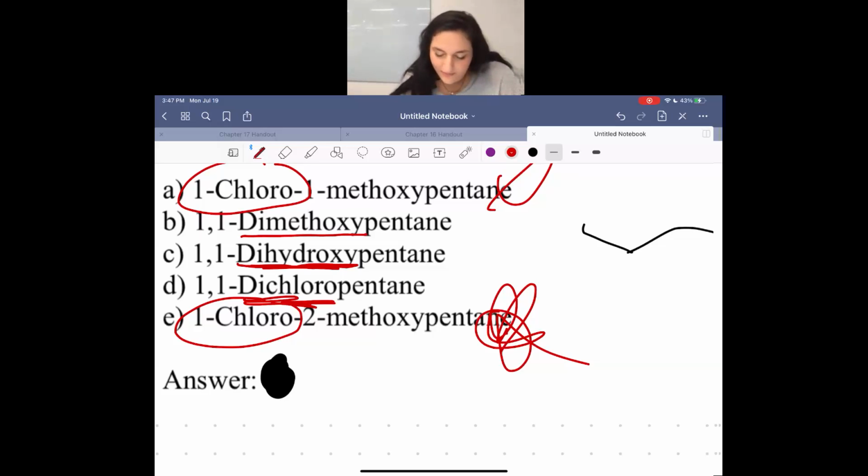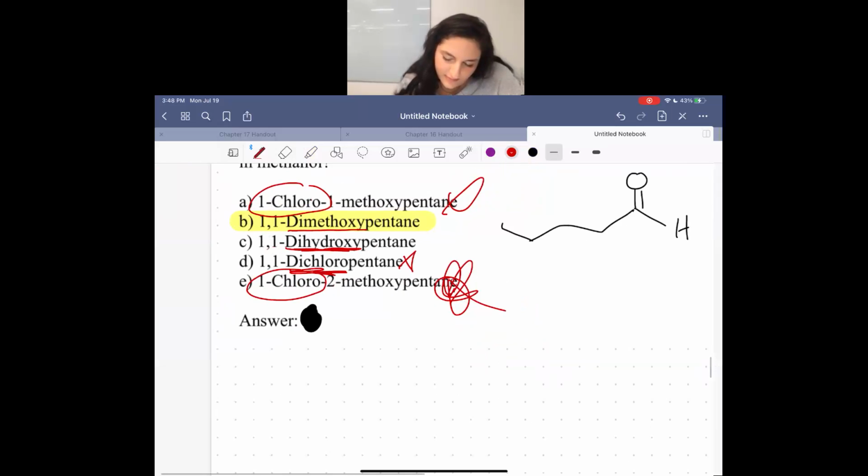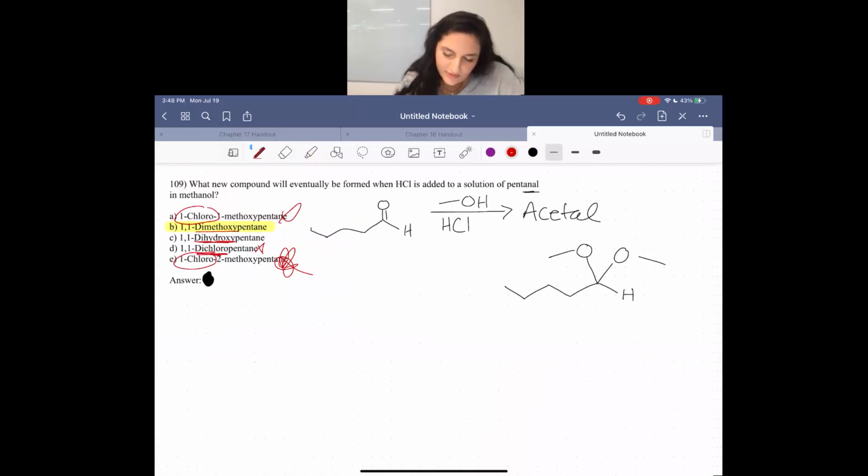Chloro, again, dumb, chlorine is not attaching to this. Dihydroxy would be 2 OHs, but as someone said, it will be B because it is going to be dimethoxy, which just means 2 ethers. Bam and bam. And let's just make sure we're correct. Ta-da, we are correct.